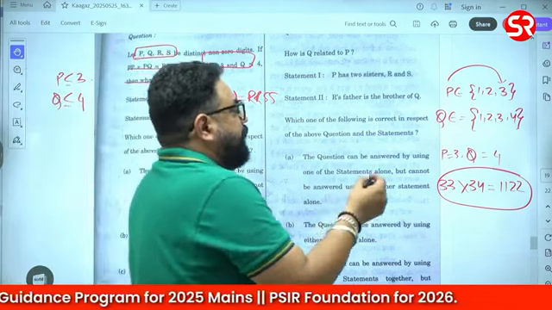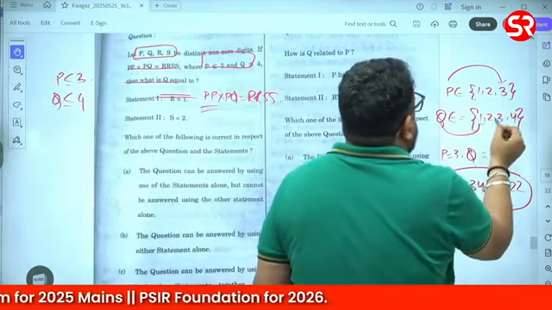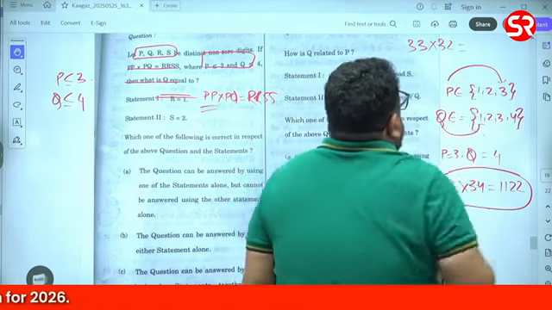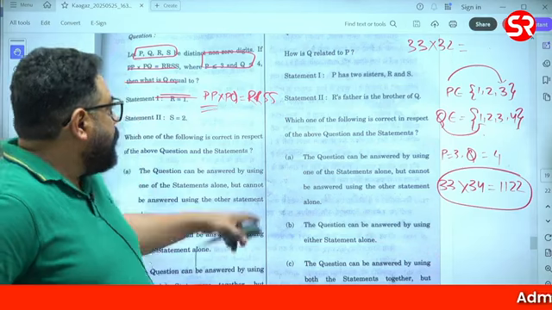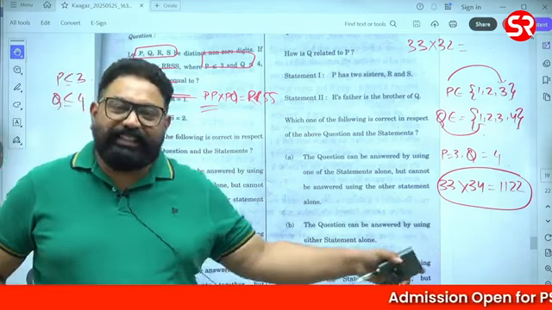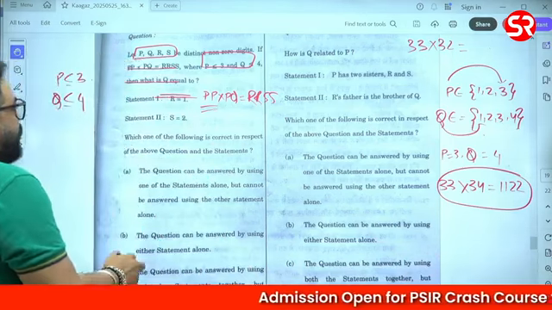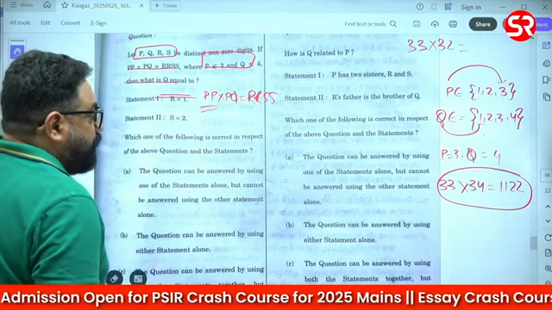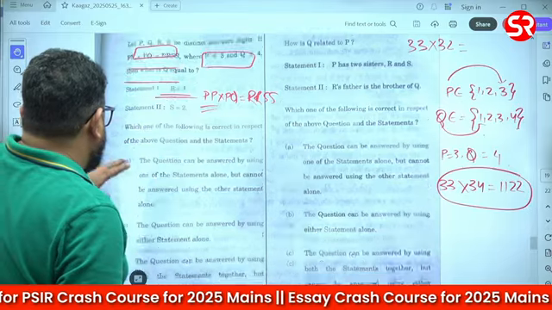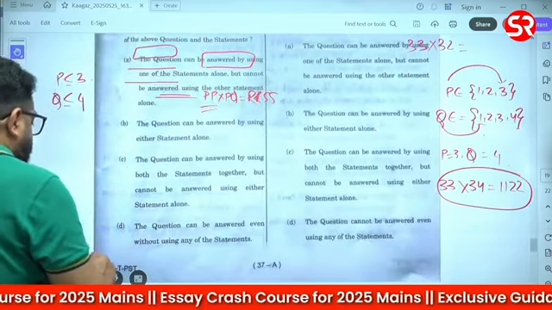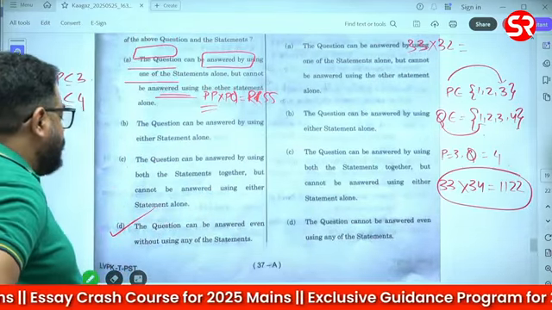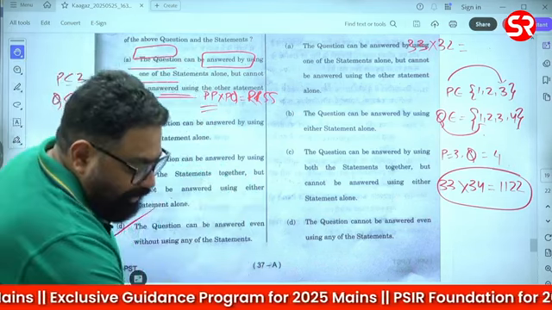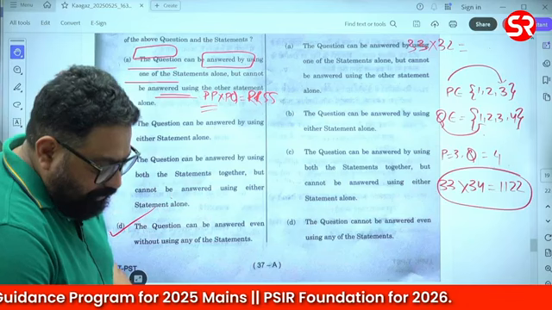Which means if I take P equal to 3, then Q would be 2, that case 33 into 32 is not giving you the RRSS pattern. This is a unique pattern, only possible when P is equal to 3 and Q is equal to 4. So your answer is very simple. The question can be answered even without using any of the statements. Okay.